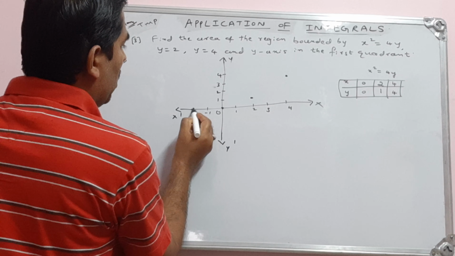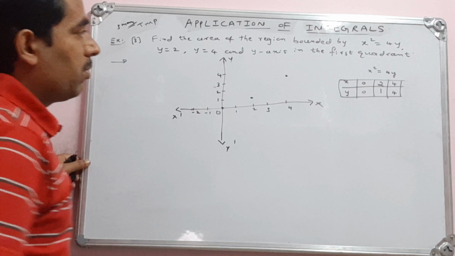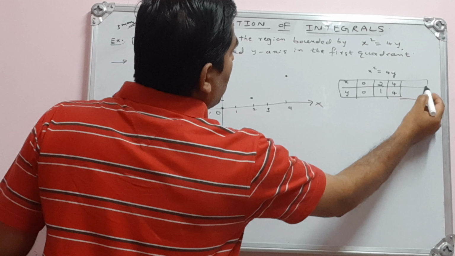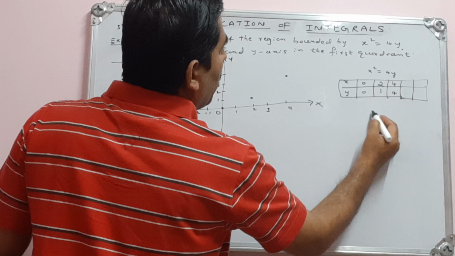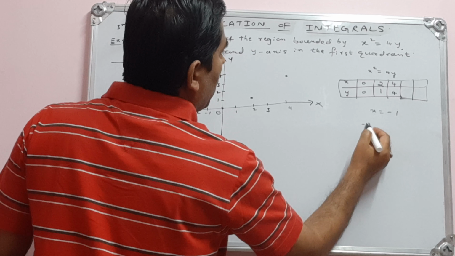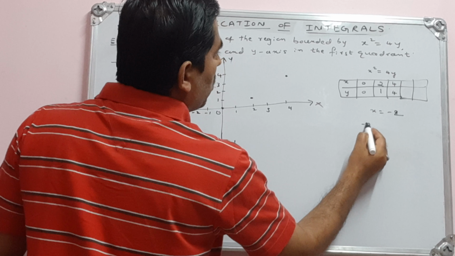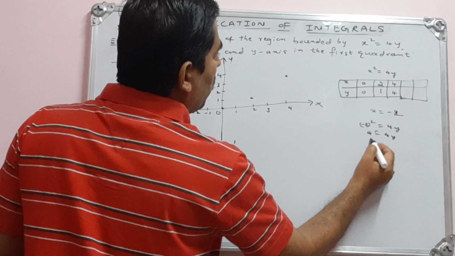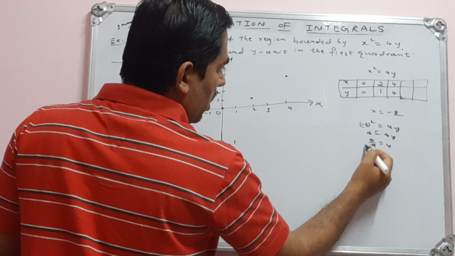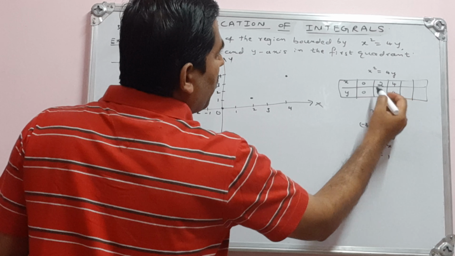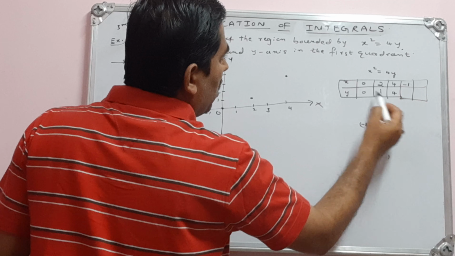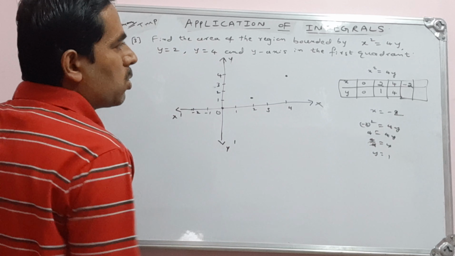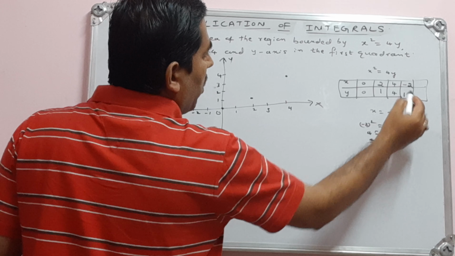Let us give some negative values. If x is equal to minus 2, then minus 2 whole square will be 4 is equal to 4y, so the value of y will be 1.